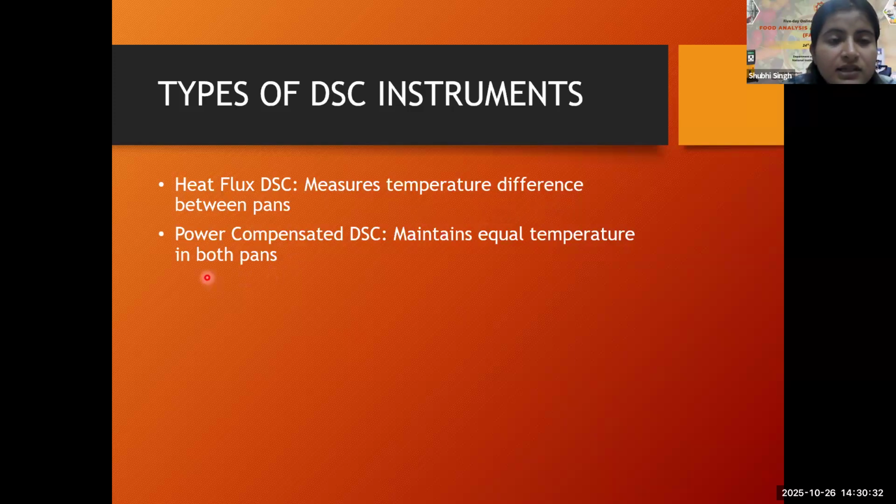The second one is power compensated DSC. It maintains both pans at the same temperature by adjusting heat power. Heat flux DSC is simpler, while power compensated DSC offers better accuracy and faster response.